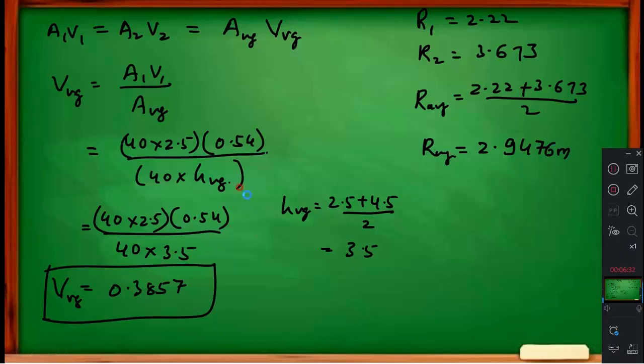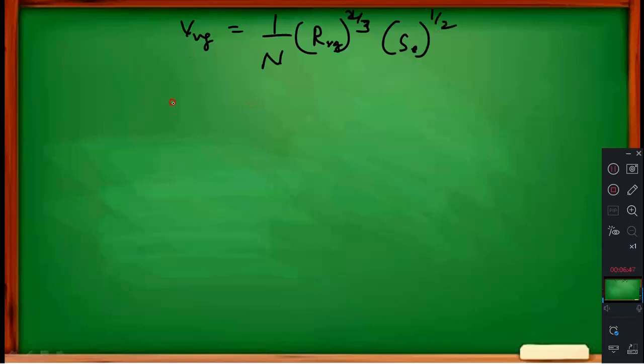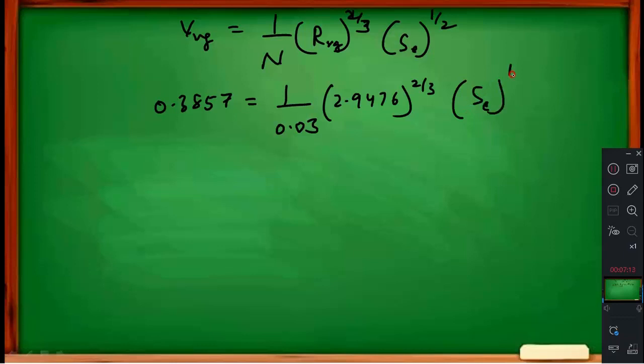Now we will substitute everything into this equation and we will get SE. Therefore V average is equal to 1 by N R average raised to 2 by 3 and SE raised to 1 by 2. V average is 0.3857, equal to 1 divided by 0.03 into R average 2.9476 raised to 2 by 3 into SE raised to 1 by 2.